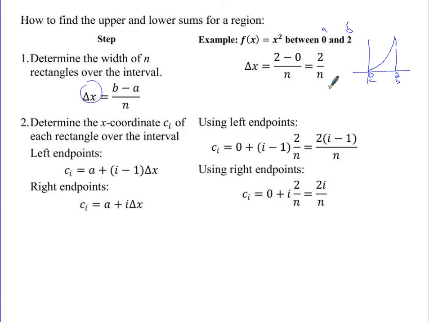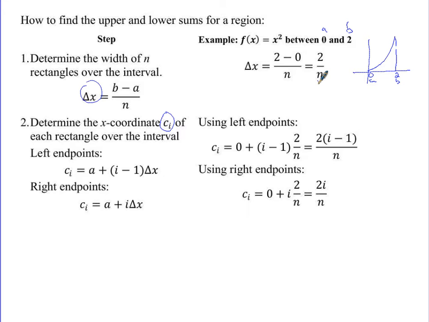Okay. Then, once you've determined the width of each rectangle, remember, this is the width of each rectangle right here. Determine the x-coordinate, and the x-coordinate is called c sub I. Determine the x-coordinate of each rectangle over the interval. So now I have all these rectangles here. All of them have this width to them. I don't know how many I have, but I know that they have this width, and I know that I have some number of rectangles.